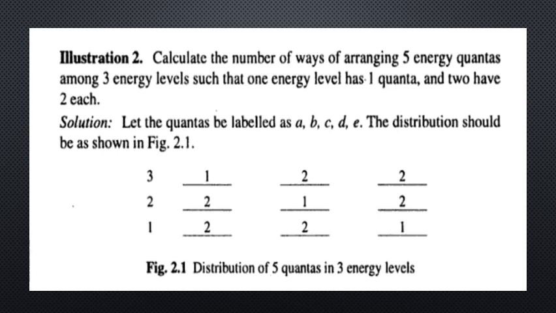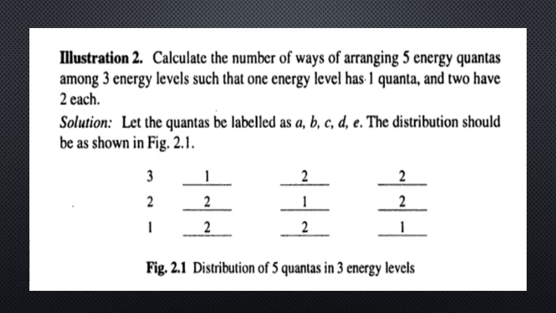Let us solve this. We have 5 energy quanta, labeled as A, B, C, D, E, and there are 3 energy levels. So we can distribute these 5 quanta in 3 energy levels like this: first way, second way, and third way. In the first way, there is 1 quantum in the first energy level, 2 in the second, and 2 in the third.